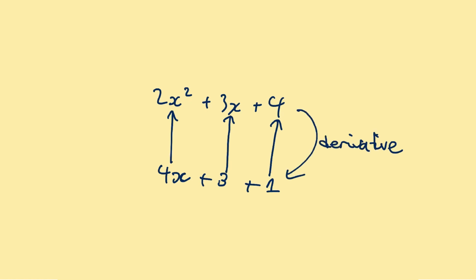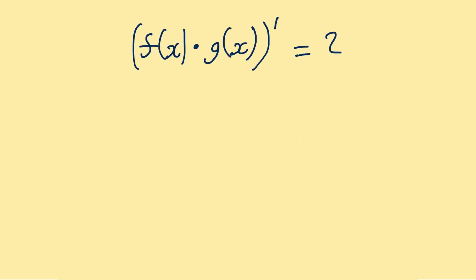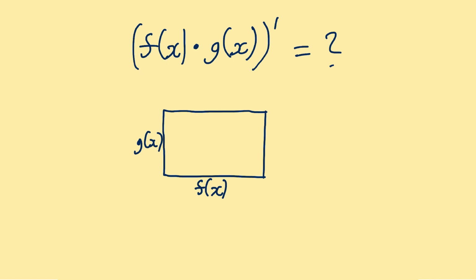Now let's say we want to figure out the derivative of one function times the other. This one is a little more complicated. Let's say we have a rectangle with one side length being f of x and the other side length being g of x. Let's say we nudge x by some small amount dx, then the f of x side will be nudged by some amount df, and g of x will be nudged by some amount dg.